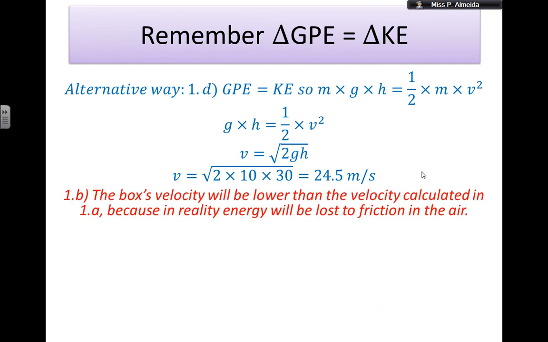However, this is assuming that there is no friction, no air resistance, meaning I am not getting energy wasted as heat or sound because I am not doing any work against friction. In reality, that's not what happens. I have friction due to the air resistance, a frictional force. So the box's velocity will be lower than the velocity that we calculated because in reality I have some energy or some work done against friction.